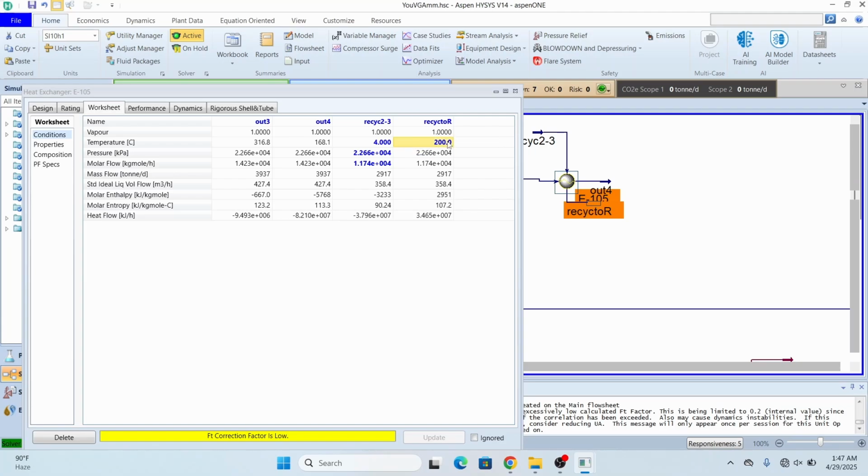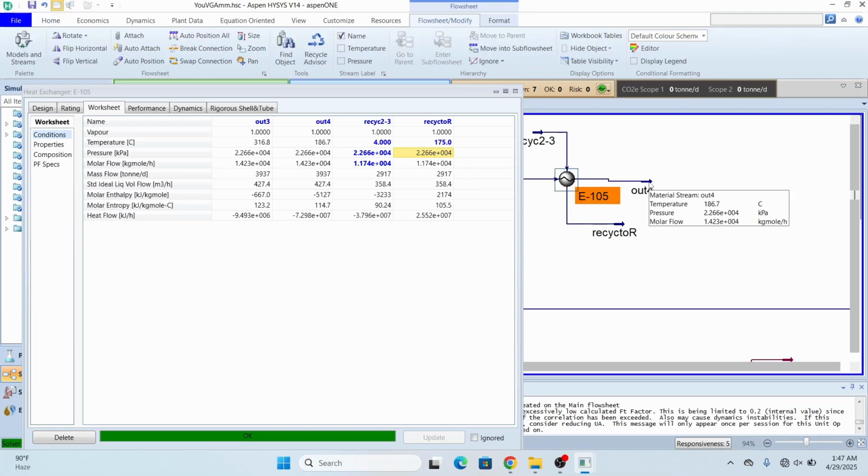Still this stream's temperature is lower than this, so I can decrease the temperature further to 150 degrees. Now you can see that my simulation has been solved. If I increase the temperature to 175 degrees, we are having a delta T of 10, that is good.